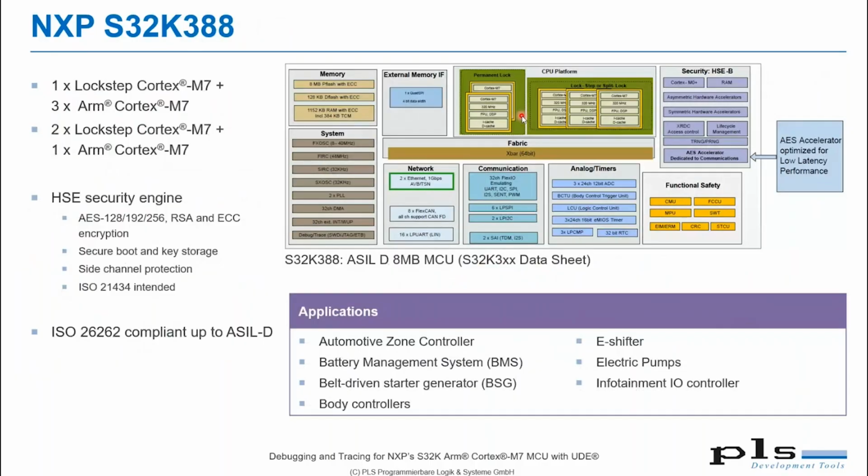In the session today, I use a device from the S32K3 series, which is the S32K388, a quad-core Cortex-M7 microcontroller, which can be configured as a quad-core M7 MCU with one lockstep core. So there is a permanent lockstep core here.